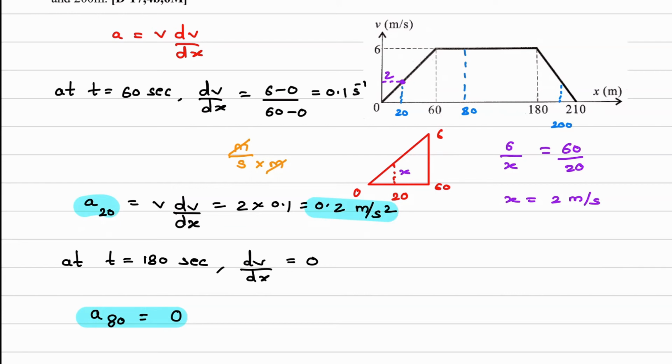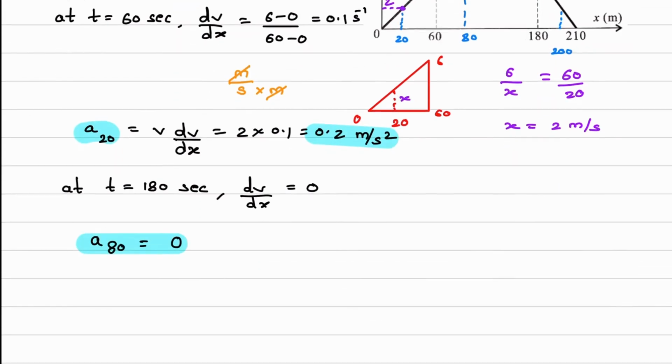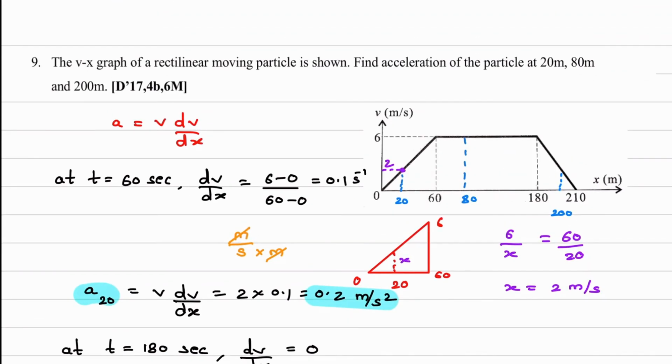Now what is the last question? We have to calculate acceleration when x is equal to 200 meter. Okay. So we are at this point, 200 meter. So what is this velocity that we have to calculate now? So we'll draw a triangle again. Now this slope we are calculating for when t is in between.